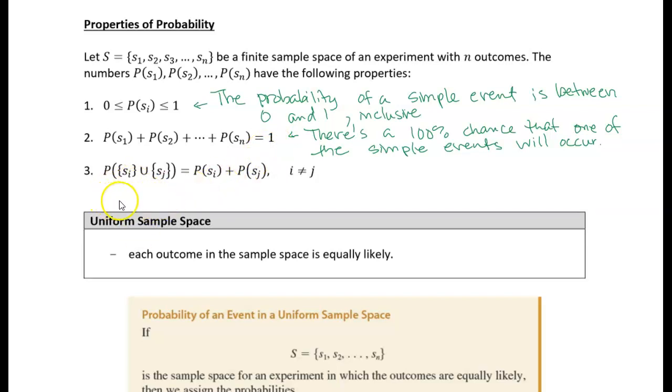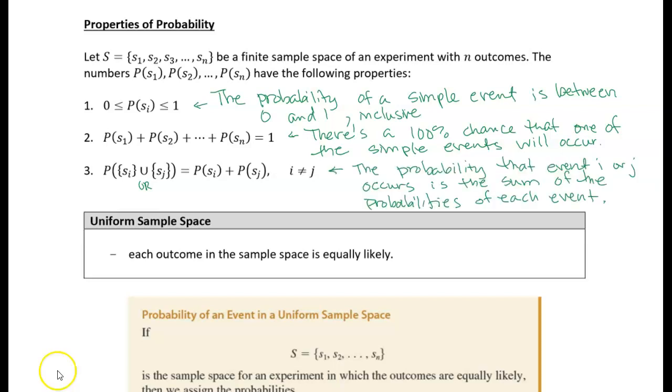Now, this next property says that the probability of simple event I or simple event J, that one of those two occurs, is just the sum of the probabilities of the two events. The nice thing about mutually exclusive events is that we can add their probabilities.